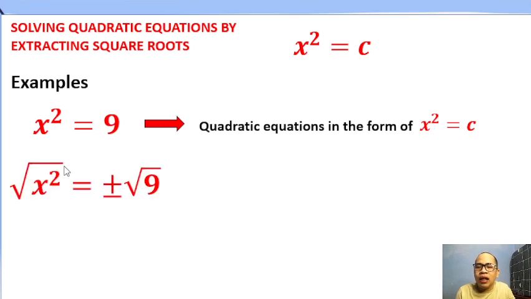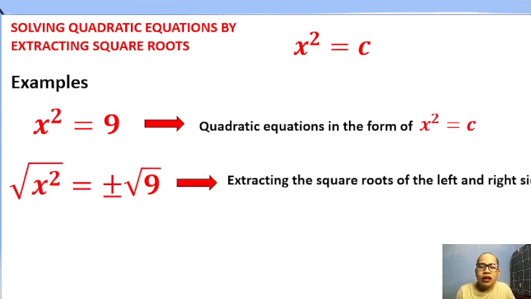We're going to extract the square root of the left and the right side. I-extract lang natin, lagyan lang natin ng square root both the left side and the right side. Take note, we will have the positive and negative, kasi sabi nga natin kanina, x would be equal to positive, negative square root of c.